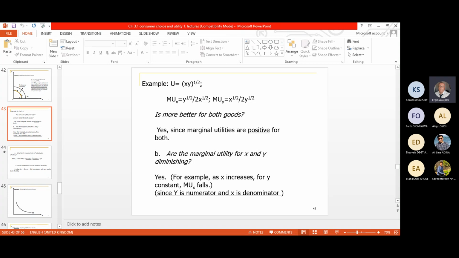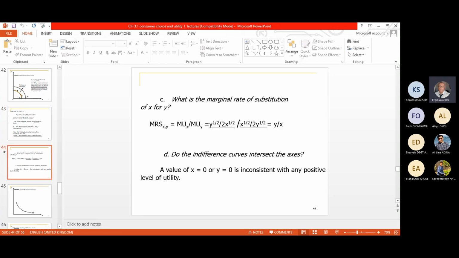Okay, let's go to our exercise. As I said to you, we are taking now the derivations, and the marginal utility is given here for the marginal rate of substitution, and it is y over x because it is summarized. And these things I cannot do because it is supposed that you know mathematics to summarize this.